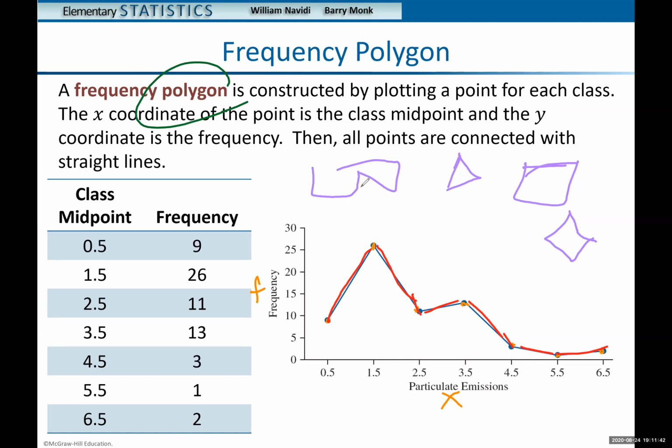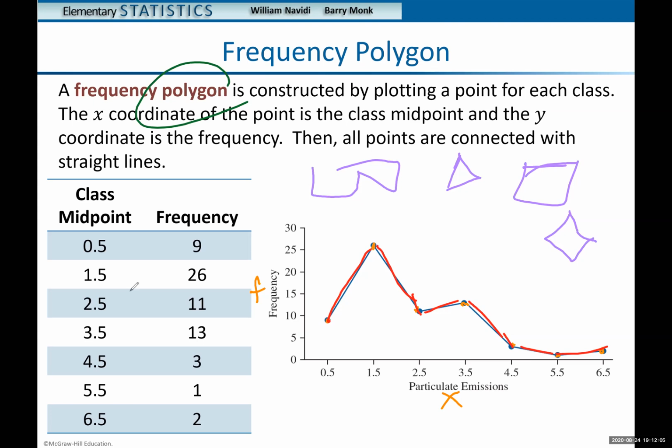All right. So that's why, look at this, our red graph here. A lot of books, to make it a polygon, we need to close this to make it a closed figure. So even though these are your class midpoints, you're going to need to add one to the left and one to the right.